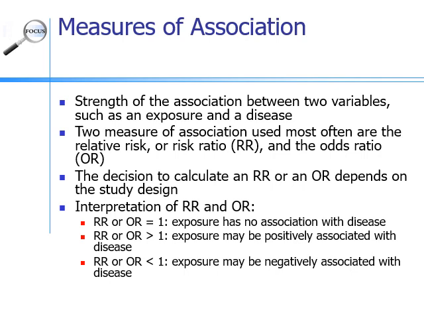The decision to calculate an RR or an OR depends on the study design, and we interpret RR and OR as follows. If the RR or the OR is equal to 1, that means exposure has no association with the disease. If it is greater than 1, exposure may be positively associated with the disease, and if it is less than 1, exposure may be negatively associated with the disease.